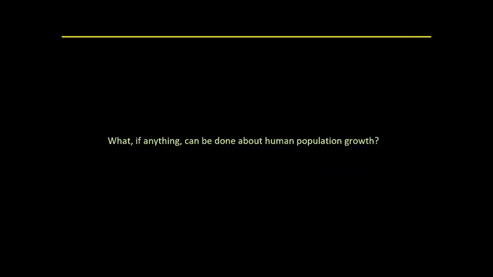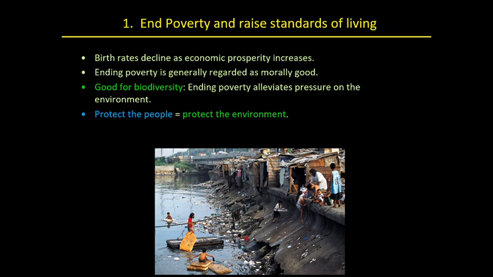Okay, so what, if anything, can be done about human population growth? Well, a lot, and there's a lot of good news here as well. One of the most important things, if not the most important thing, is ending poverty and raising standards of living. Birth rates tend to decline as economic prosperity increases. So as we help developing countries out of their transitional phase and into their industrial phase, that's good for the global economy, it's good for their economies, and it's good for all the people in their economies.